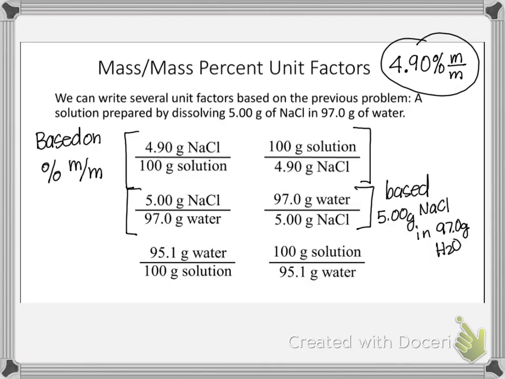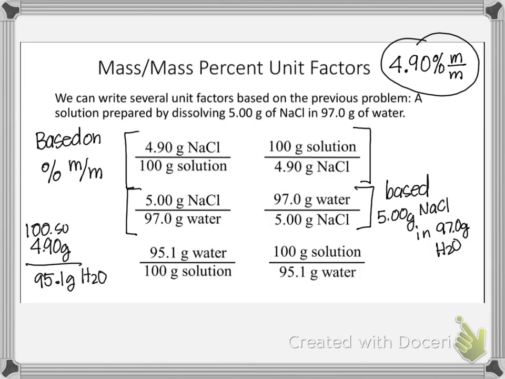And then the final one, this is 95.1 grams of water in 100 grams of solution. So you think, well, what? Well, we think about it. If we have 4.90 grams of solute in 100 grams of solution, if you subtract this from 100, you get 95.1 grams of water.